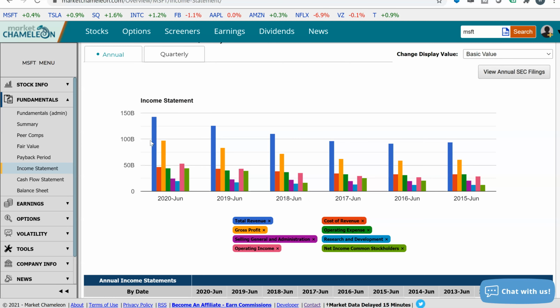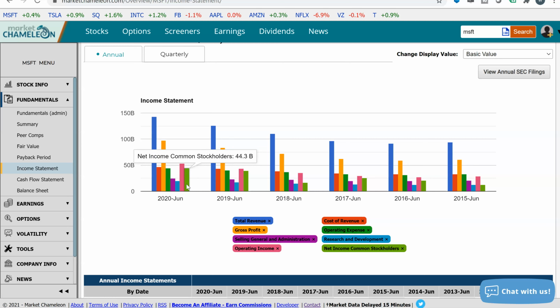And these bars here represent some of the key metrics from the income statement. So we see here that big blue bar, that's the total revenue. If you hover over it, it'll show you cost of revenue, gross profits, operating expenses, selling, general and administrative expenses, research and development, operating income, and net income available to shareholders.